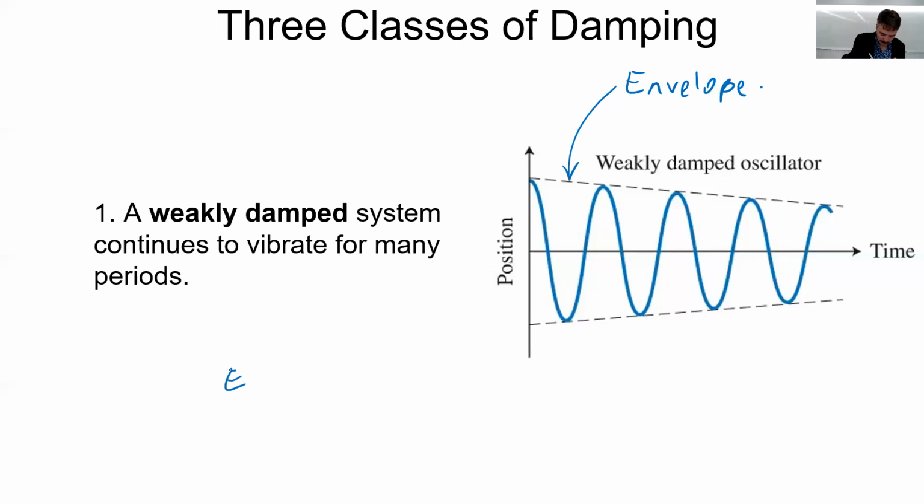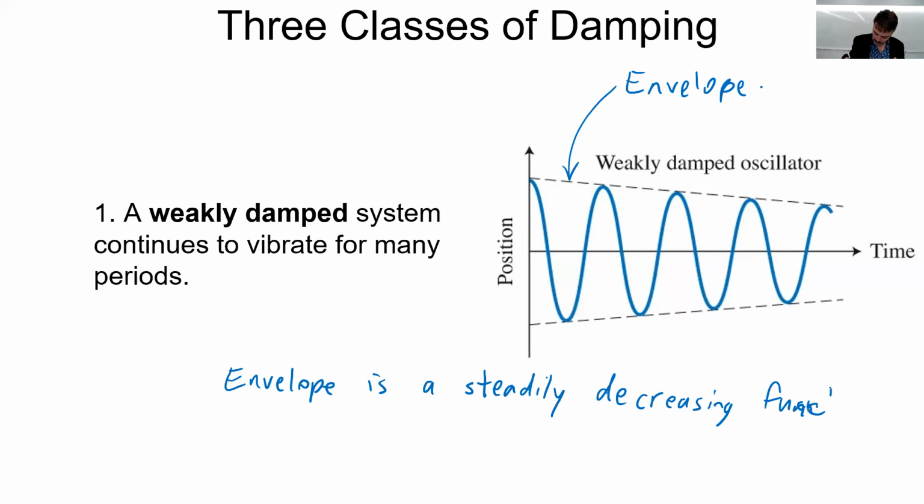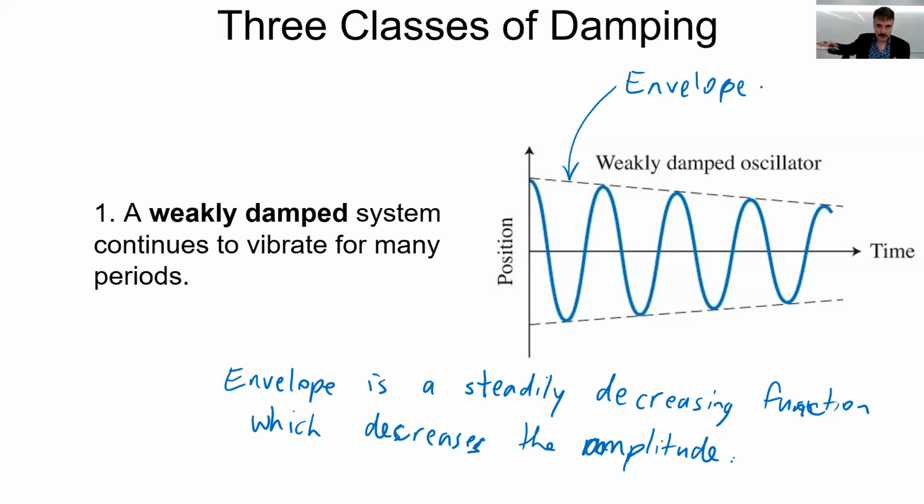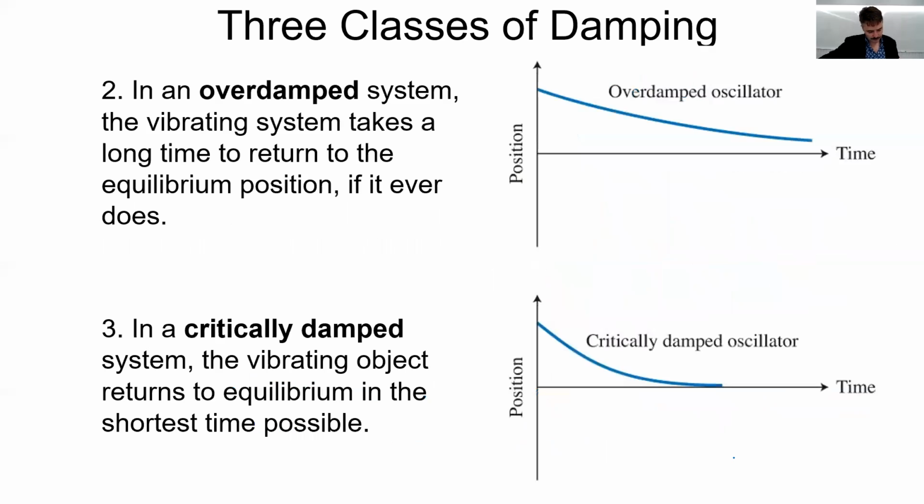The envelope is a steadily decreasing function, usually exponential, which decreases the amplitude. So the amplitude is equal to the initial amplitude times the envelope, some decreasing function. So it gets less and less.